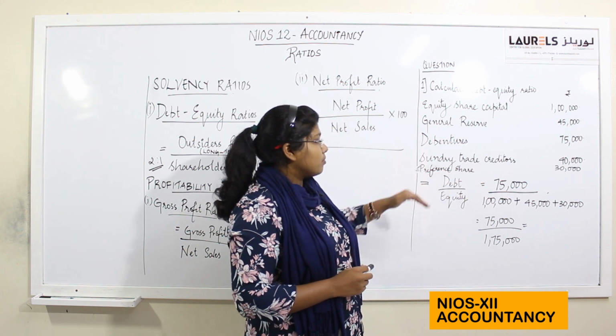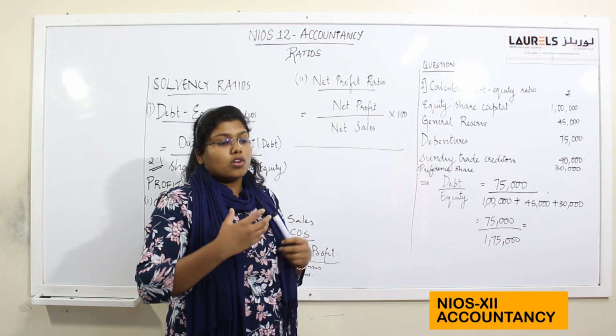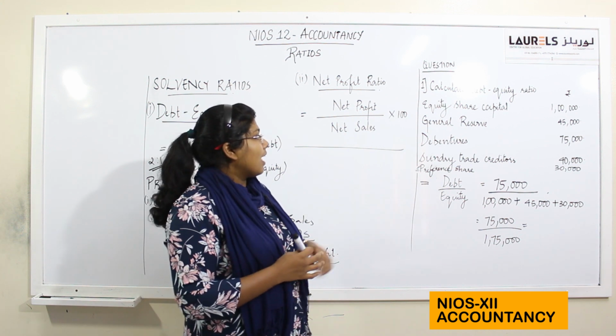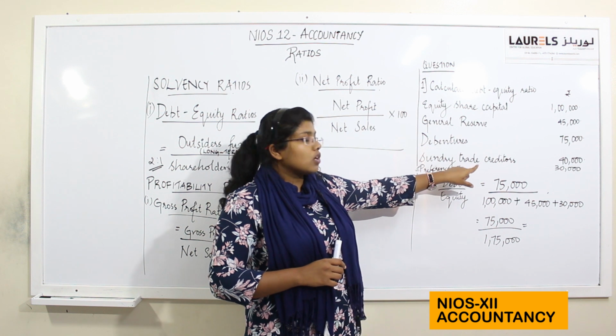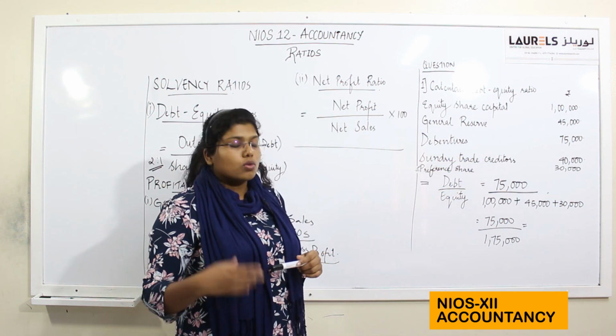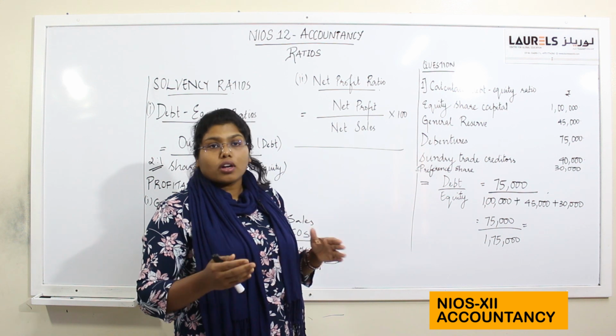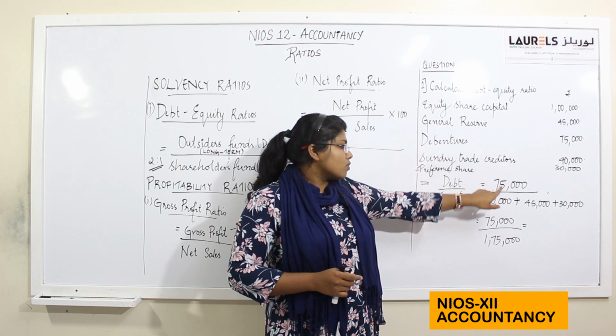Debt means only long term debt. We don't take short term debt, and that is why we only include debentures and we don't include trade creditors. Trade creditors are also a liability, but they are known as short term liabilities. So we only take debentures, 75,000.